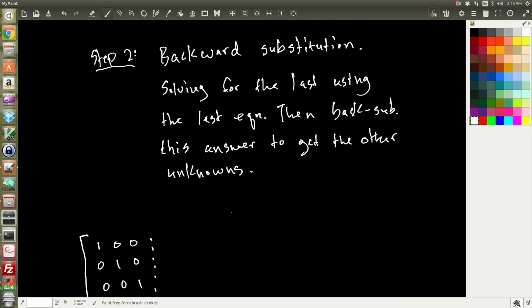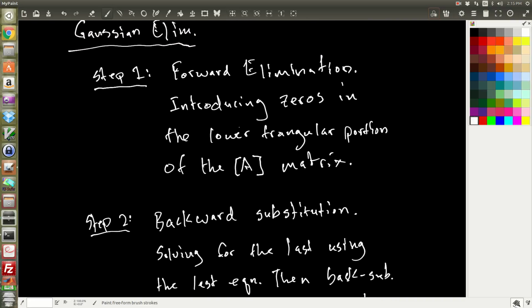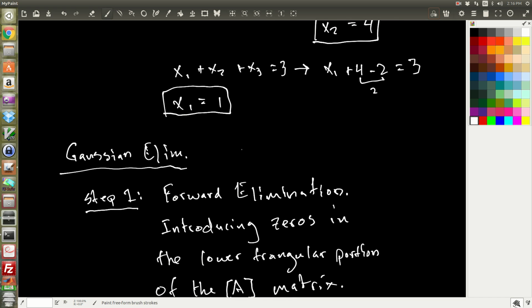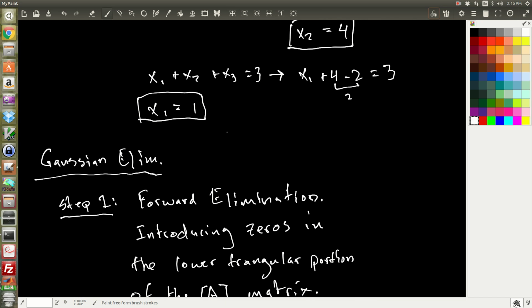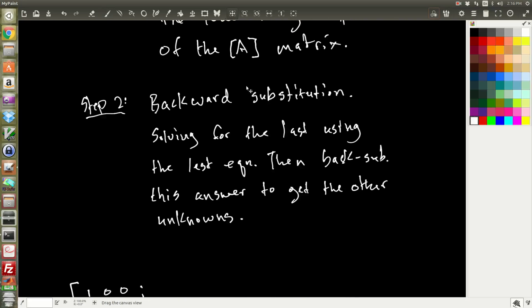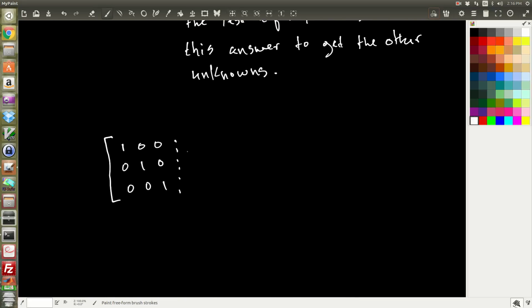Let's see, x1 was equal to 1, so 1, 4, minus 2. So we get 1, 4, minus 2. That's what it would look like in the end when we were done with Gaussian elimination, with Gauss-Jordan elimination.